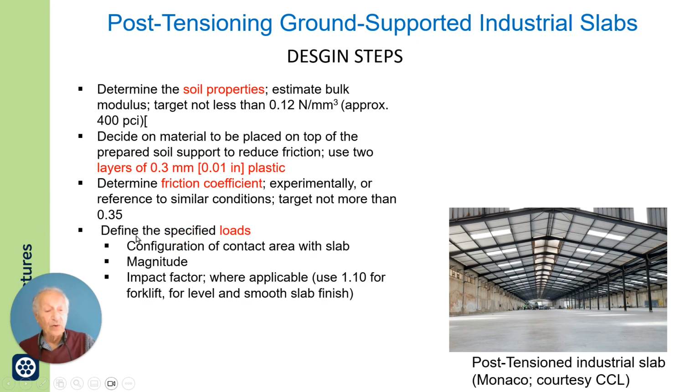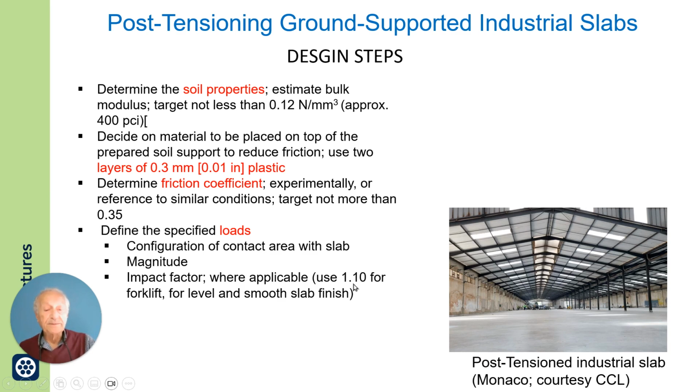And then you go to loads. The loads are given by the configuration and contact area of the stack or the truck. You need to know the magnitude. You need to know the area over which they act.